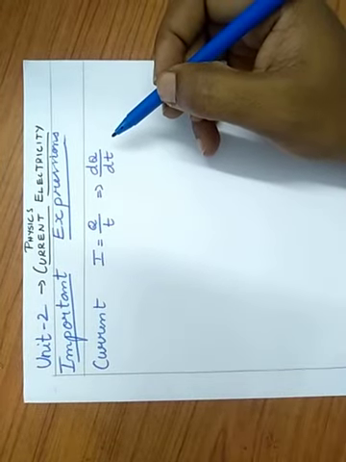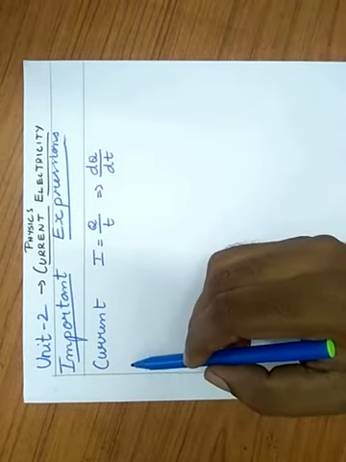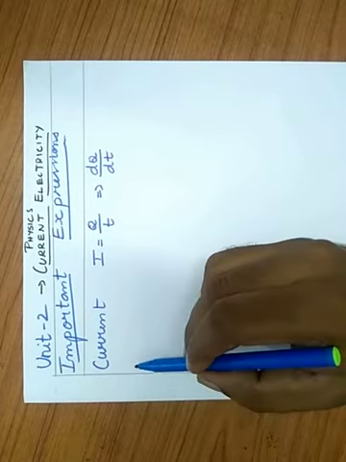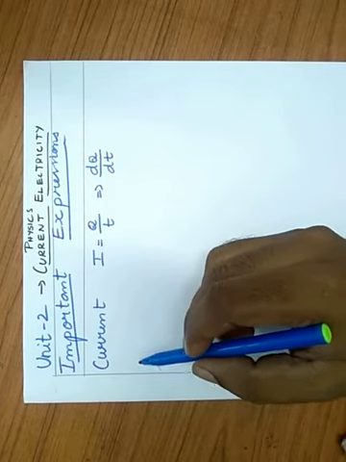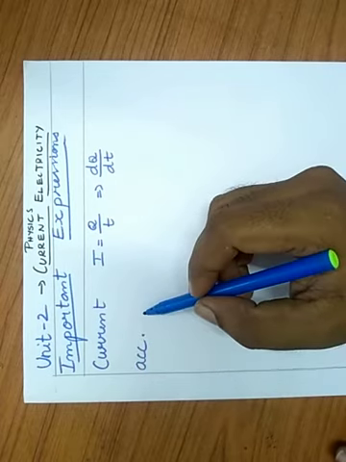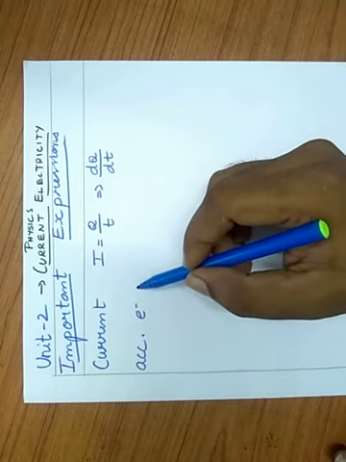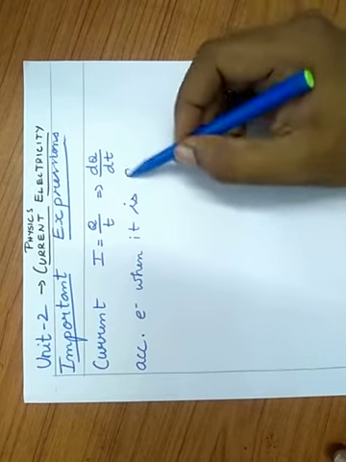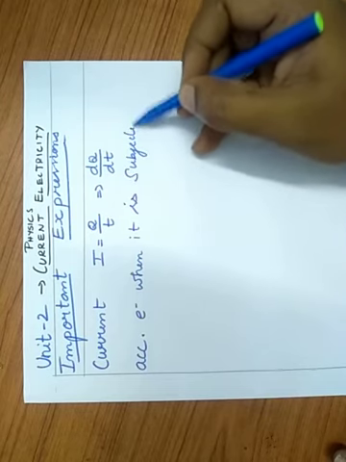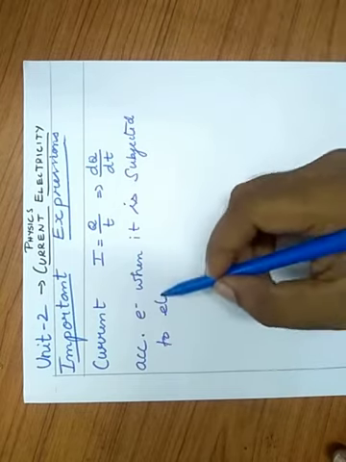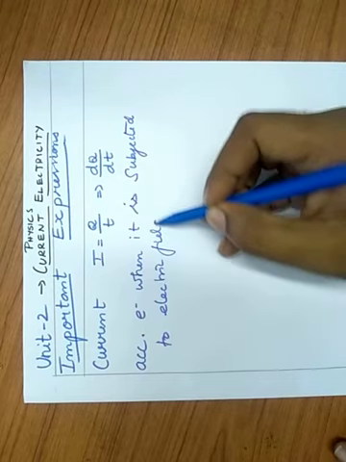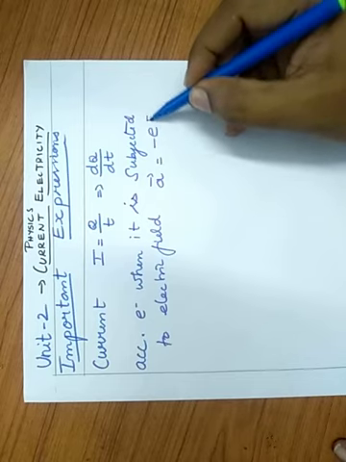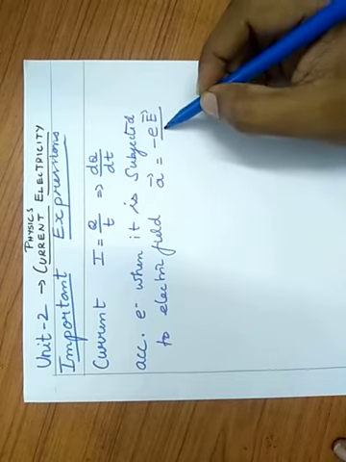Okay, then next, suppose a conductor is connected with a cell or potential difference, the free electrons experience an acceleration. Here we see the acceleration of the electrons when subjected to an electric field can be represented as a vector is equal to minus eE vector by m.